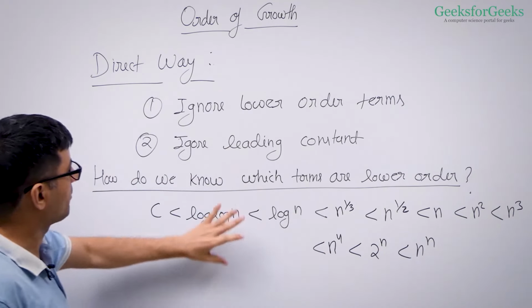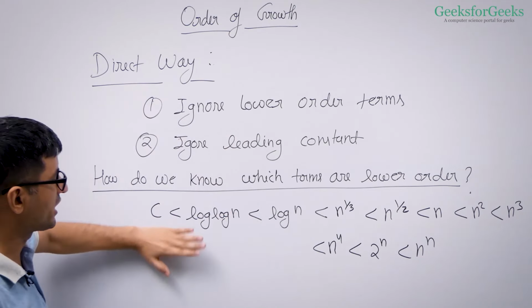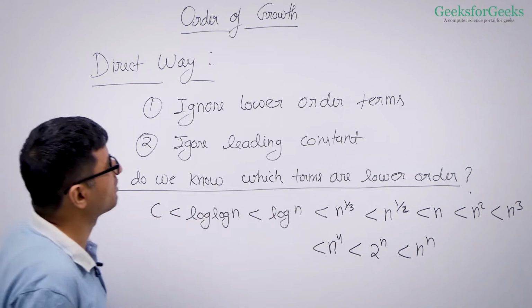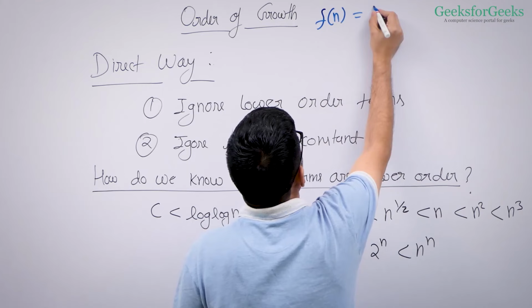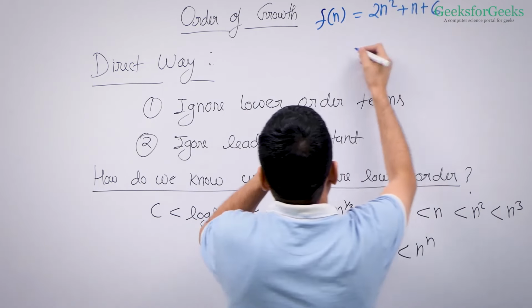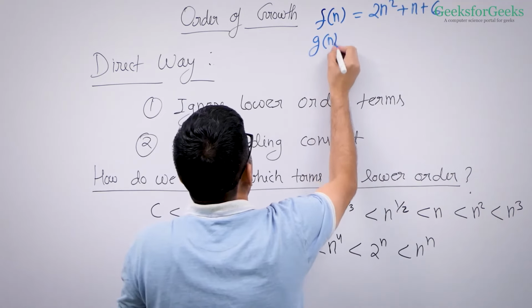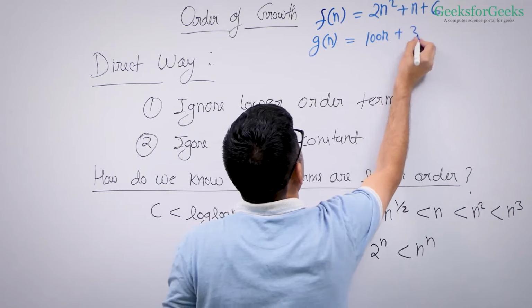Now we have talked about ignoring lower order terms and leading constants, and how we decide which one is lower. Let's do some examples. Say I have a function Fn whose value is 2n square plus n plus 6, and I have another function Gn whose value is 100n plus 3.